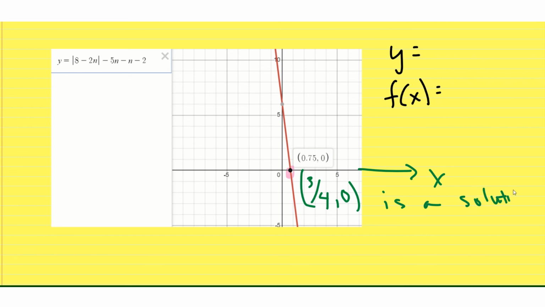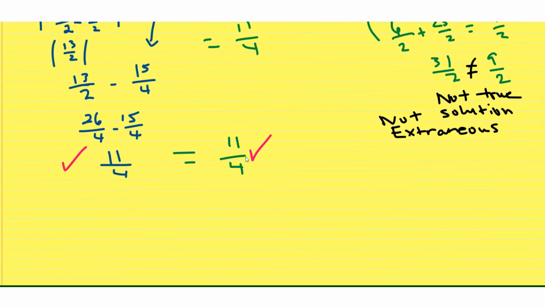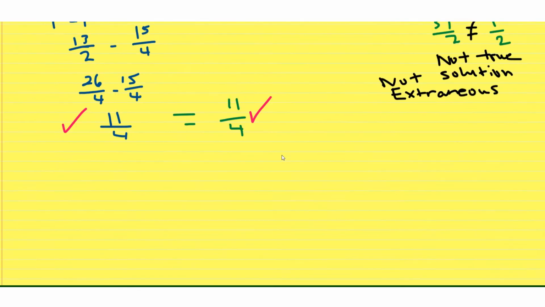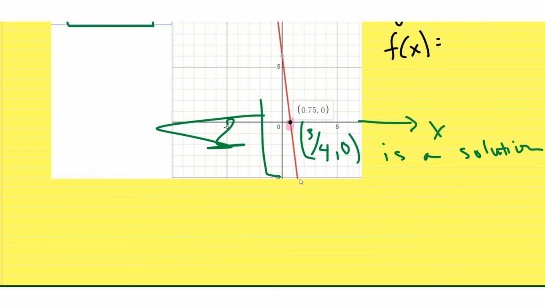We can see that from the graph physically. But when we put this function in there, it actually ends up being more of a line. And there are no negative solutions. So that confirms that this answer cannot be right. Only this one shows up on our graph right there at 3/4 on the x-axis.